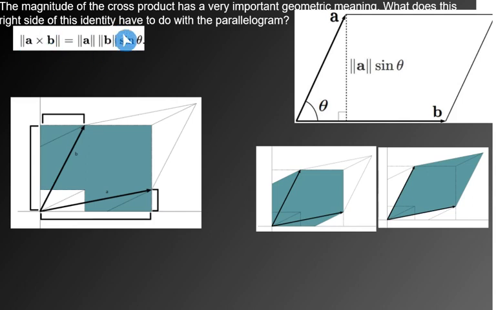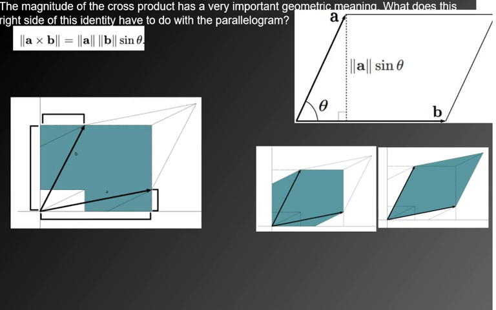We had a cosine formula before where we involved the dot product, that the dot product of two vectors over their respective magnitudes was the cosine of the angle between them. In here, the magnitude of the cross product between two vectors is the magnitude of one times the other times the sine of the angle between them. And I just want to show you why this is happening.